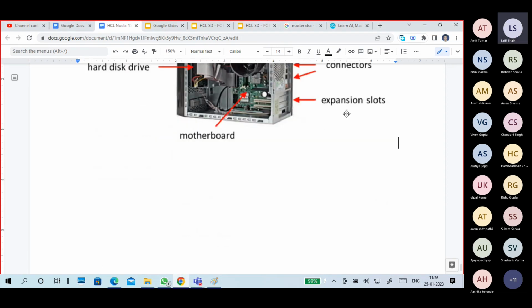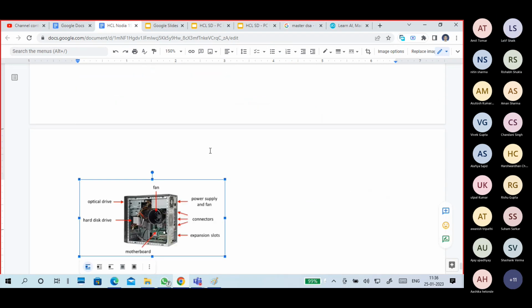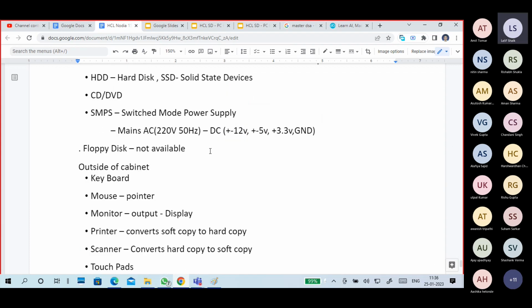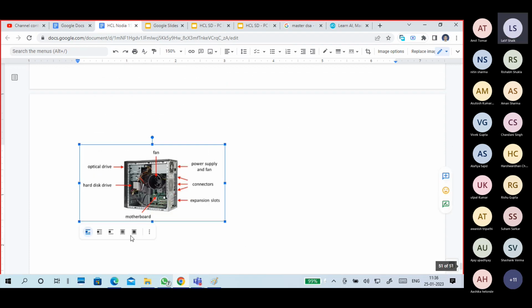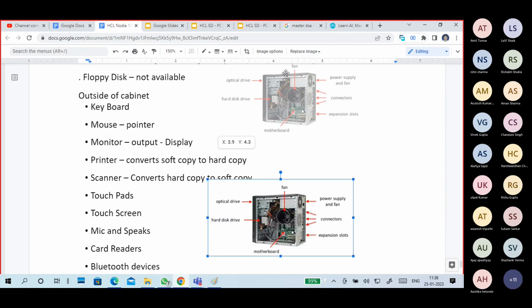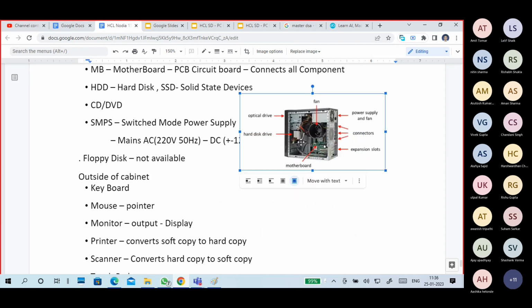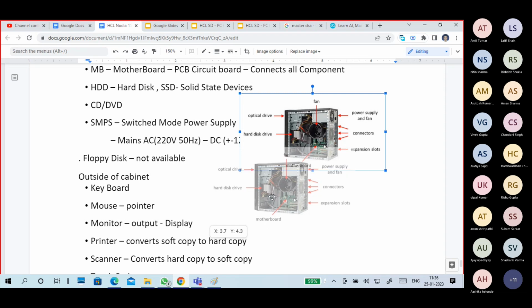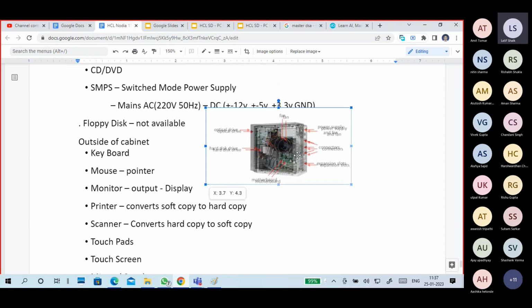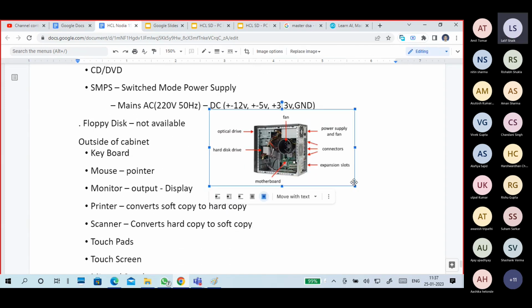It will occupy more space than I think. So this is the inside cabinet components. This is the cabinet.